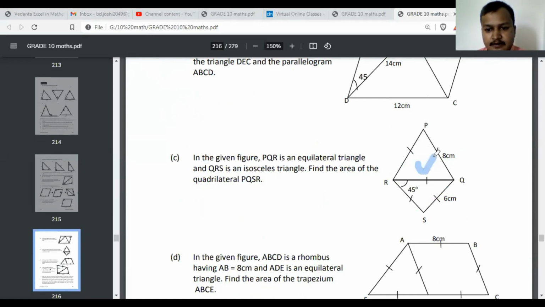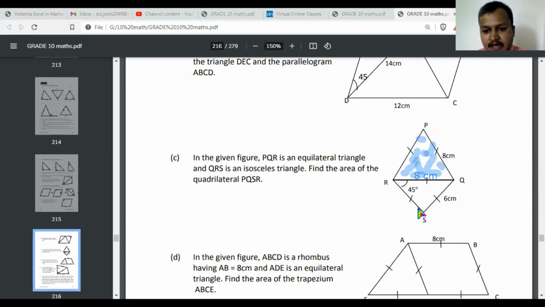To find the area of this upper triangle, we can use the formula root 3 by 4 A square. And next, for triangle RSQ, if the upper triangle is equilateral, what is the length of side RQ? 8 centimeter. RQ is also 8 centimeter.